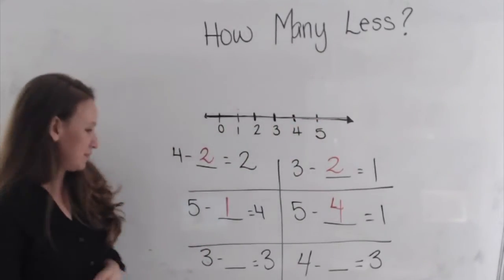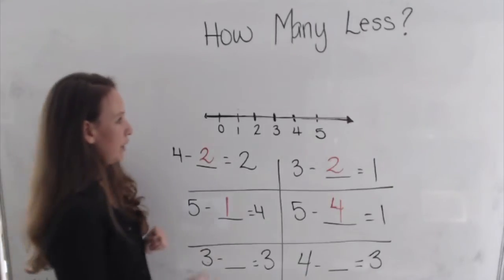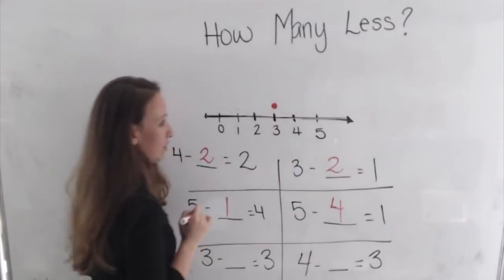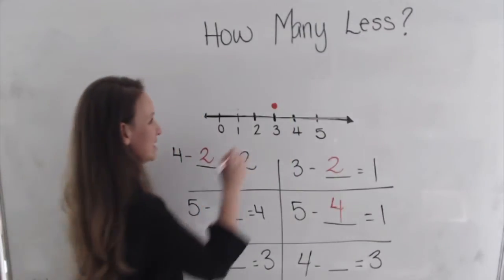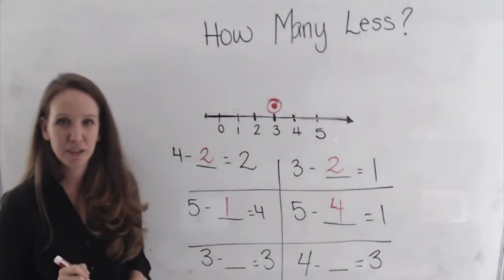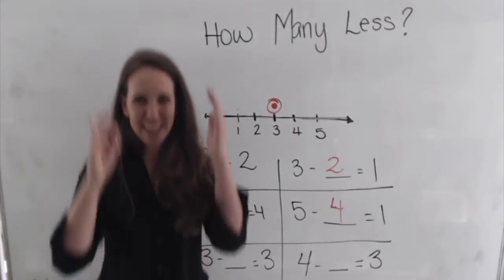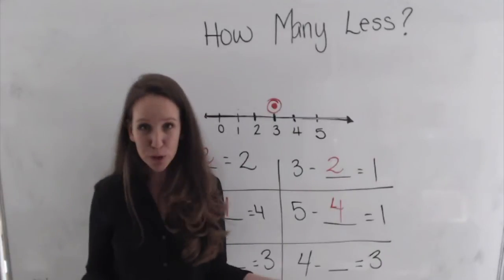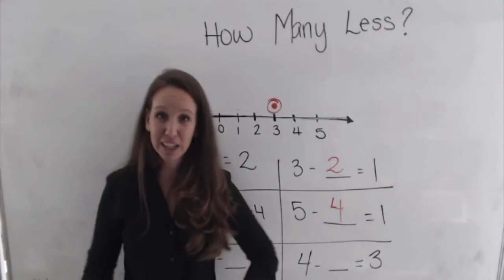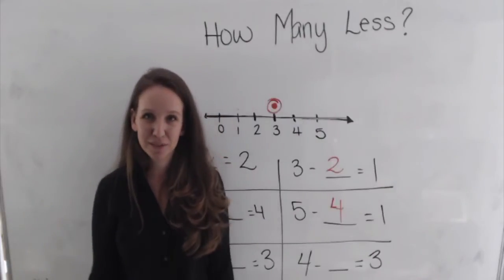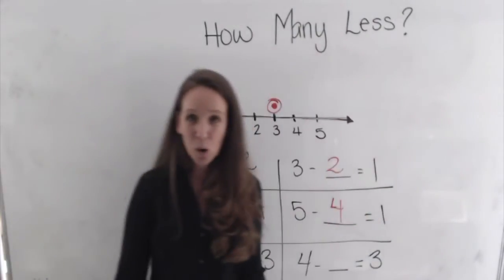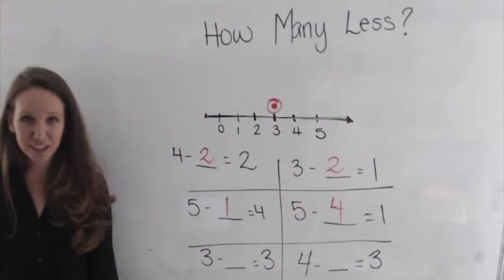Last 2 problems. 3 minus 3. So we're starting on the 3. Sorry, 3 minus 3, and I have to end on the 3. So if I'm starting somewhere and I need to end in the same place, are you moving at all? Let's try that again. I'm starting here and I want to end here. If I move 1 unit, it's going to take me here, or it's going to take me here.